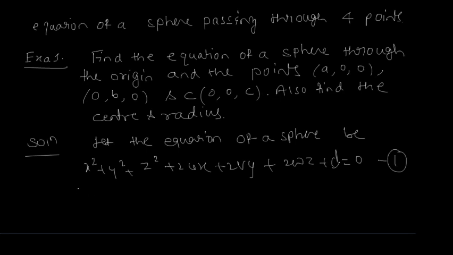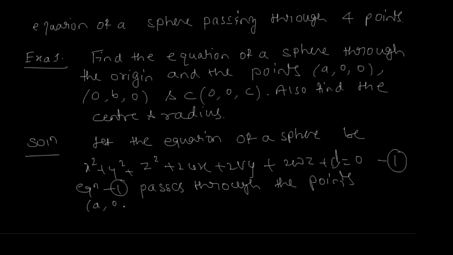So now equation 1 passes through the points 0 0 0, a 0 0, 0 b 0 and 0 0 c, right?